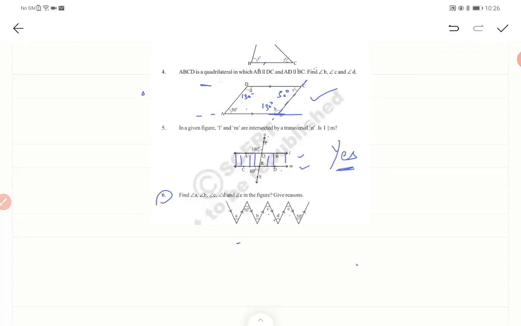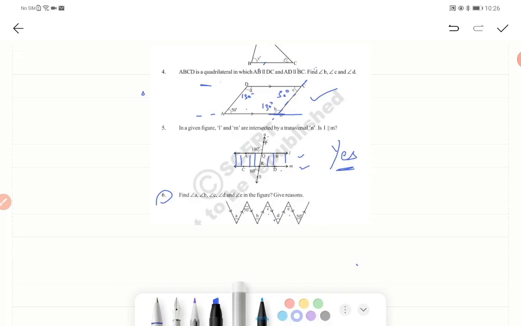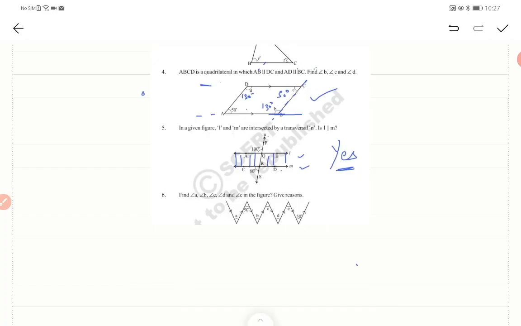Find all the angles A, B, C, D, and E from the figure given. Can you try this problem by yourself? Try, it's very easy. You can extend the lines and just see. One I will tell you: what is the value of angle A?